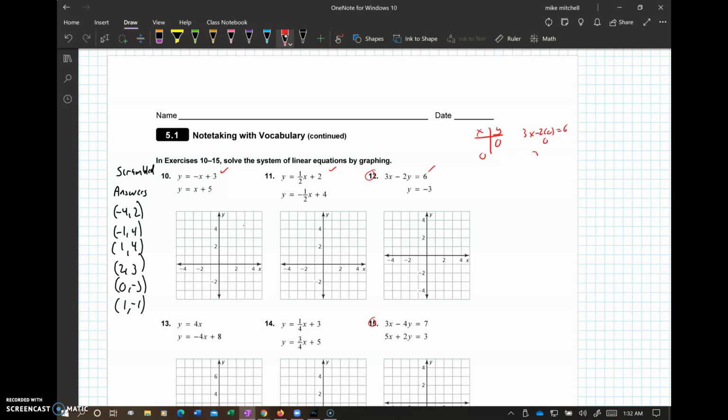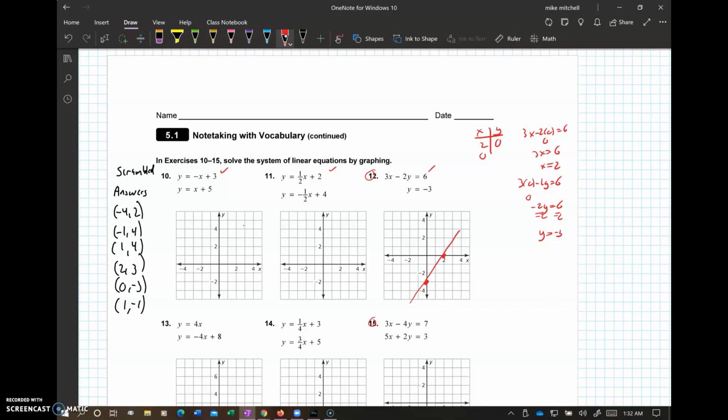That's minus 0, so 3x equals 6. So x equals 2. I got the (2, 0) right there. If x is 0, 3 times 0 minus 2y equals 6. That's 0 minus 2y, or negative 2y equals 6. You're dividing by the negative, don't forget, y equals negative 3. That gives me the point down here.